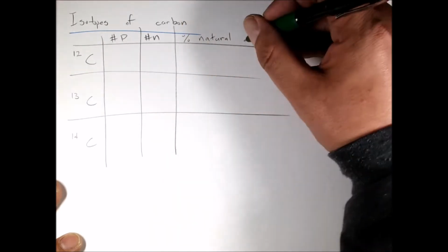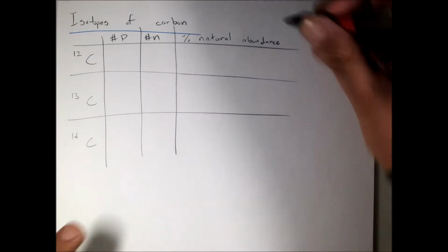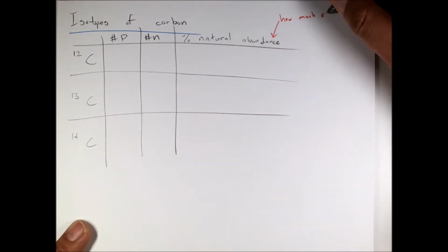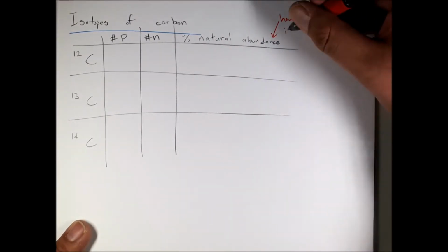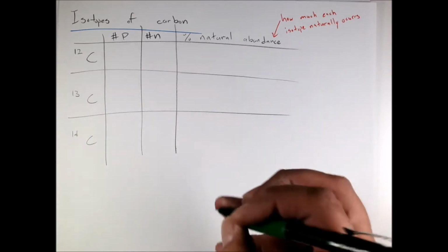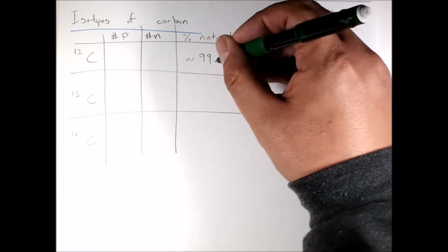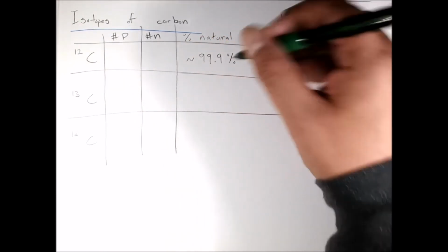Percent natural abundance. What this number here on the end is how much each isotope naturally occurs. As I mentioned here, carbon-12 is the most common. This is roughly 99.9%.